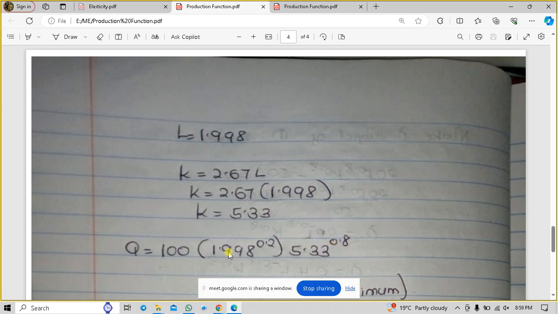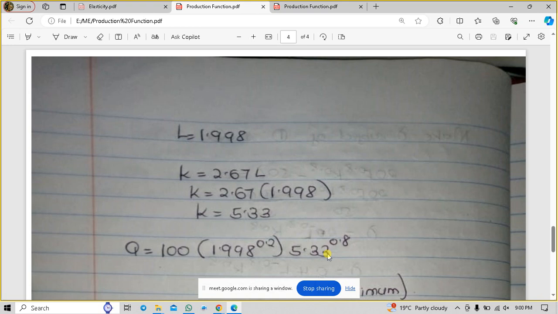So you just solve it mathematically. 100 times, into bracket, 19.98 power 0.2. You just use the calculator, 19.98 power 0.2, and write the value down. Write 100, 53.3 power 0.8, write the value. What are you getting as the value of Q?